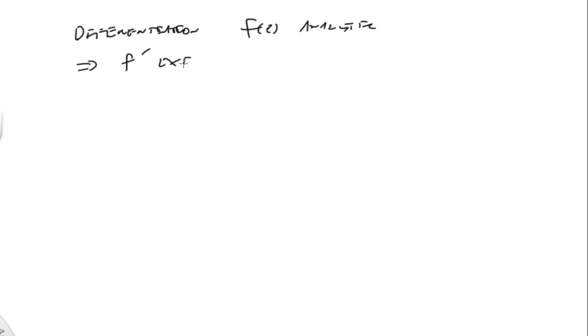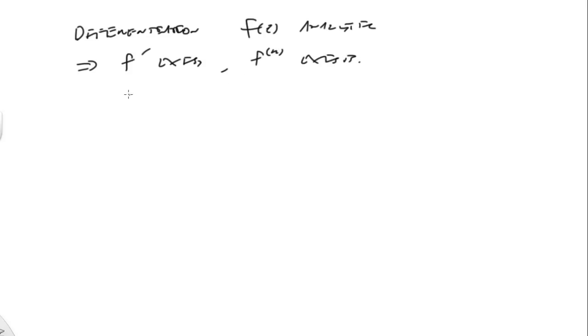Okay, so another question is that of differentiation. So again, I have f of z, and it's analytic. And so, of course, f prime exists. In fact, all orders of derivatives exist.